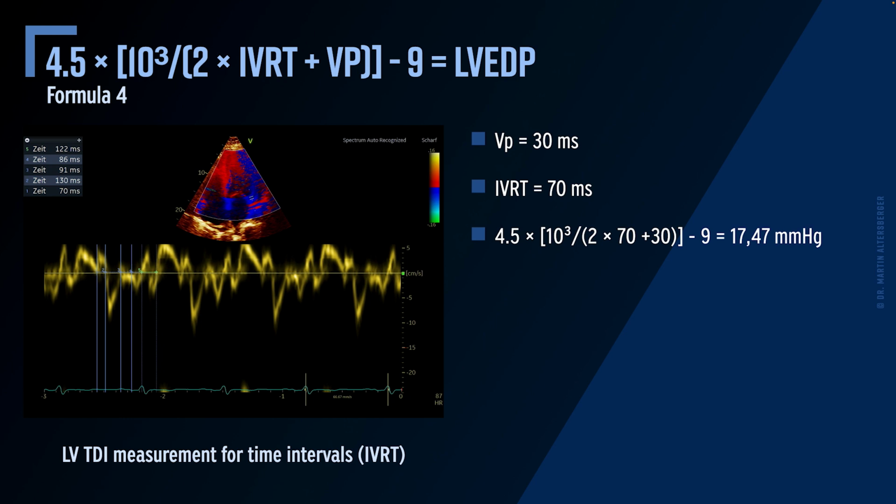So showing it in another signal, we have the S prime, then the IVRT, E prime, diastasis, A prime, and IVCT, so isovolumic contraction time. When we now use this formula to calculate filling pressures, we get 17.47 millimeters of mercury. So very similar to the measurements we had before.